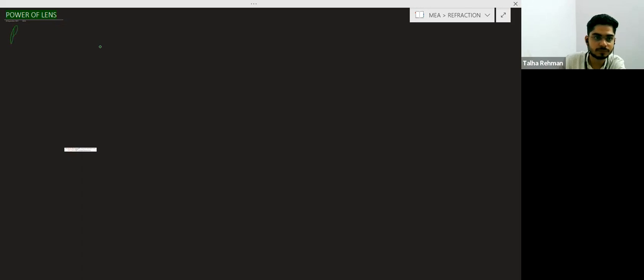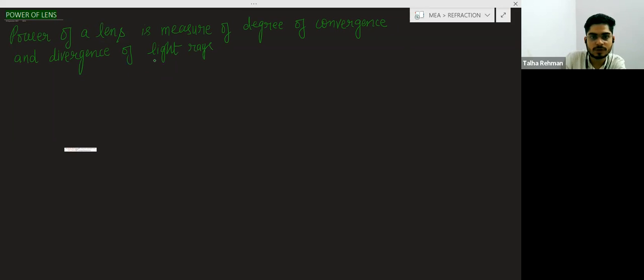Power of a lens is a measure of degree of convergence and divergence of light rays falling on the lens.